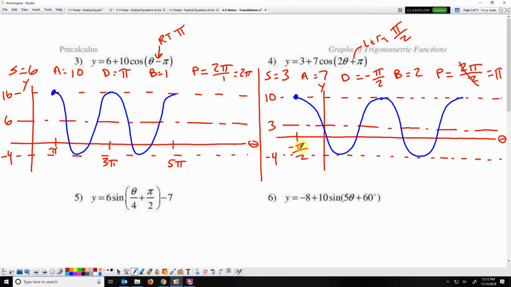So negative 1/2 pi plus pi is positive 1/2 pi, pi over 2. Plus another pi, that puts me at 3 pi over 2.